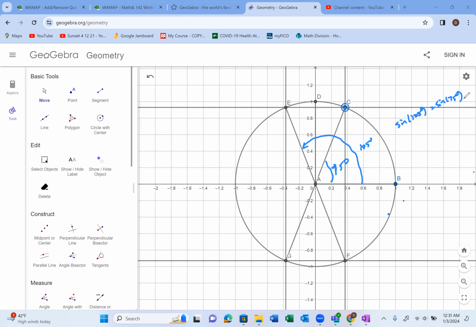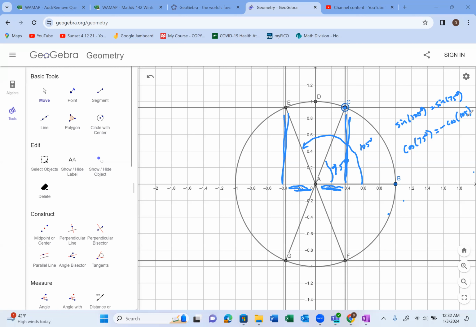These two points, C and E, have the exact same y coordinate. Their x coordinates are also the same in terms of size, but not sign. I know that the cosine of 75 degrees is going to equal minus the cosine of 105.